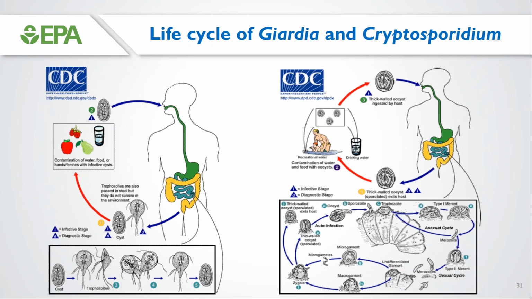They can form a cyst stage where they can either be infective, and then they're in a different stage when they're diagnostic. It's just an example of how complex these organisms really are in causing disease.